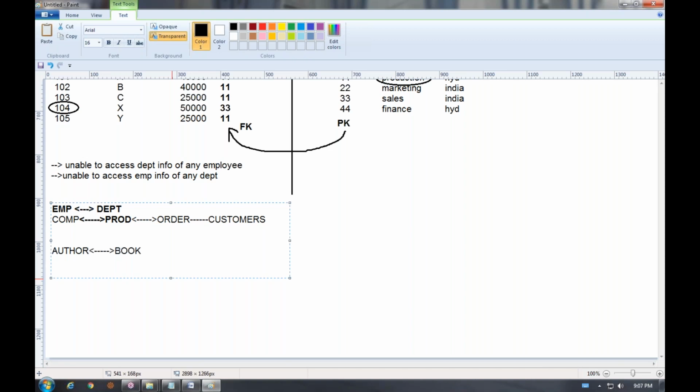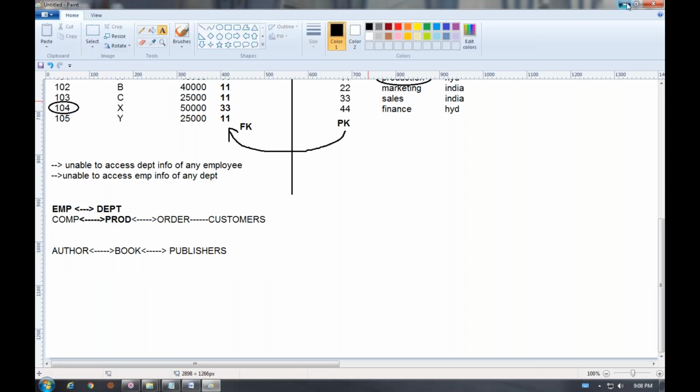And book should be published by some publishers. Compulsory. Otherwise, book cannot be released. And finally, the books are ordered. Means sales. So like this, every two objects should be related with each other within the business.